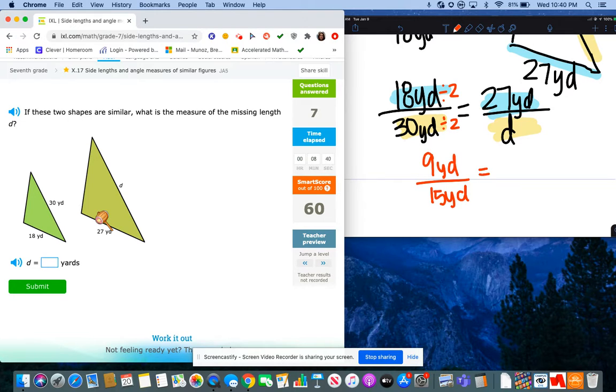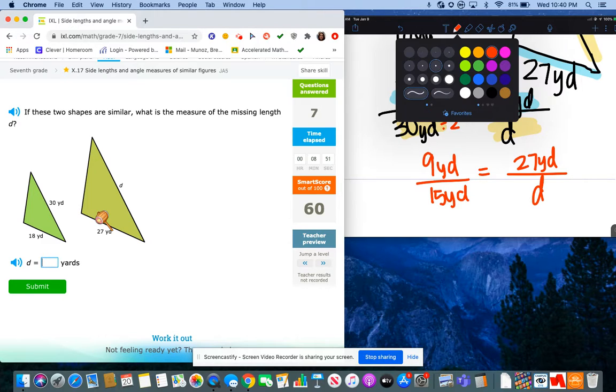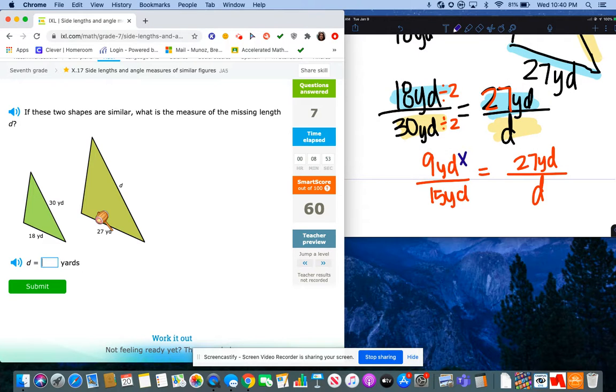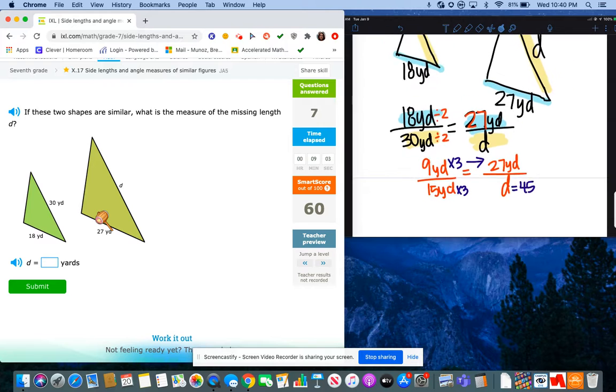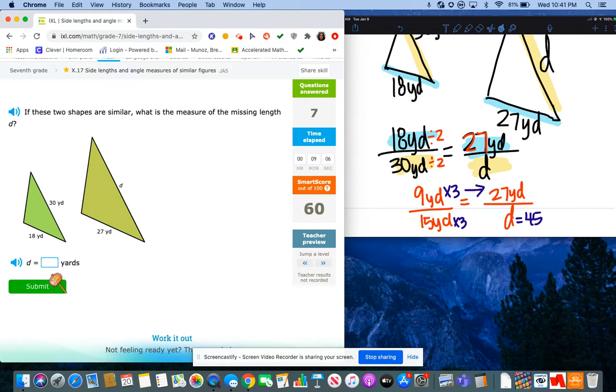And then to make it to 27 yards, for D I can multiply times 3, right? So 9 times 3 is 27. 15 times 3 gives us 45. So the answer is 45. Right there. So we're going to type in 45.